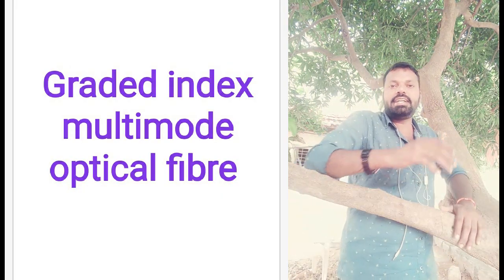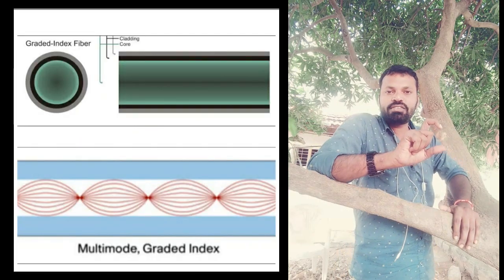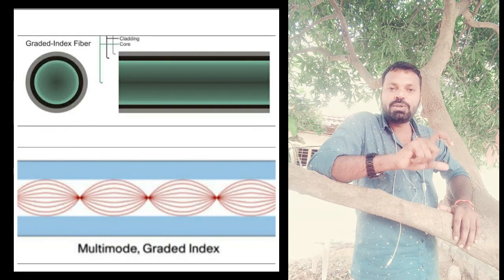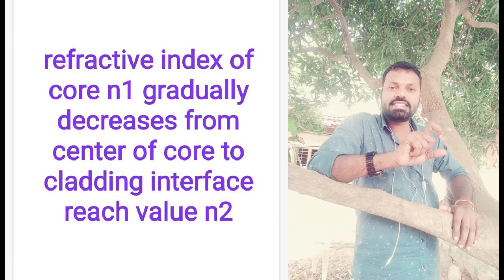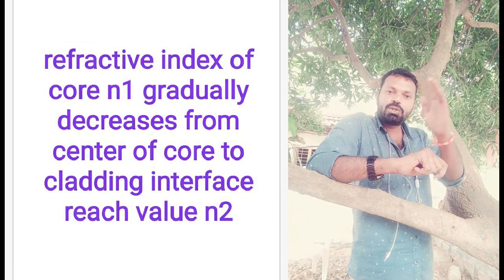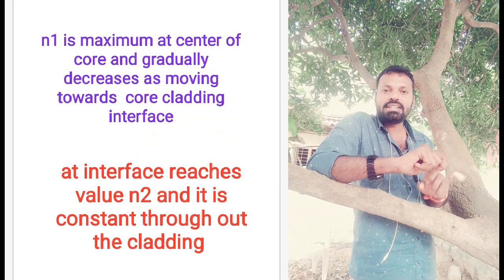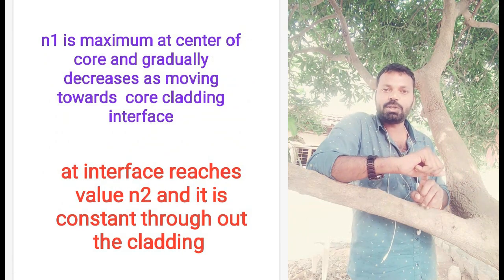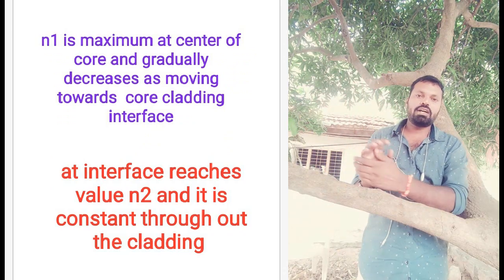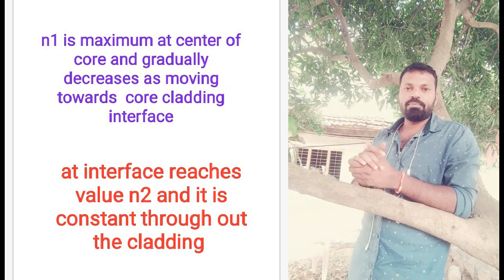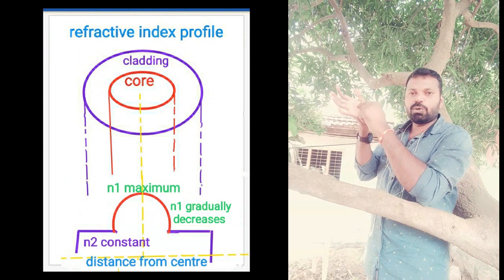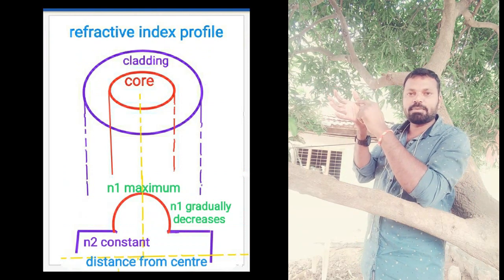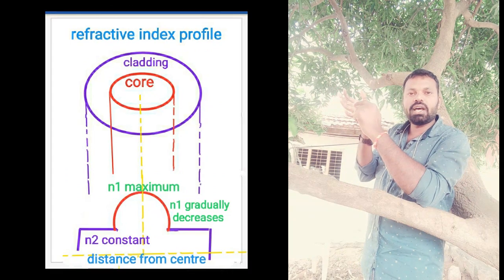Now graded index multimode optical fibers. In graded index optical fiber, core refractive index is non-uniform. It gradually decreases from the center of the core to the end of the core, and cladding has uniform and constant refractive index N2. If you see the refractive index profile, at the center of the core, the refractive index is maximum N1 and it gradually decreases as you move from the center of the core to the end of the core.